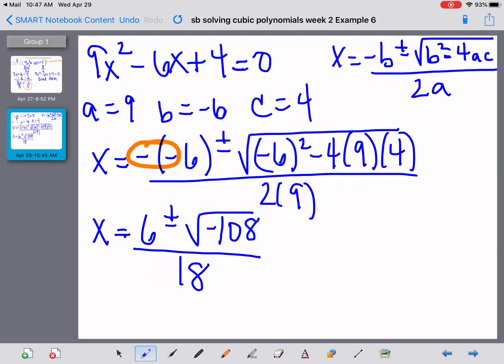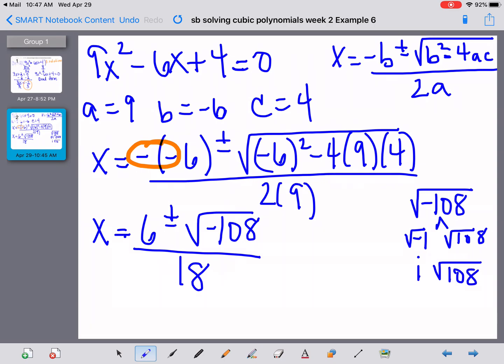So again, what we have to do on this problem is simplify the square root of negative 108, starting with the fact that we've got negative 1. And the square root of negative 1 is i. I really am in a bad way for space, so I'm just going to switch over here to a new page.